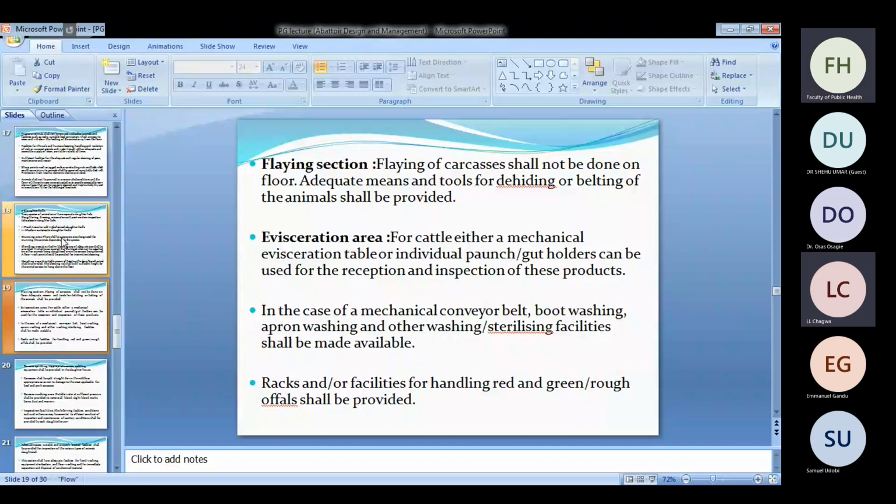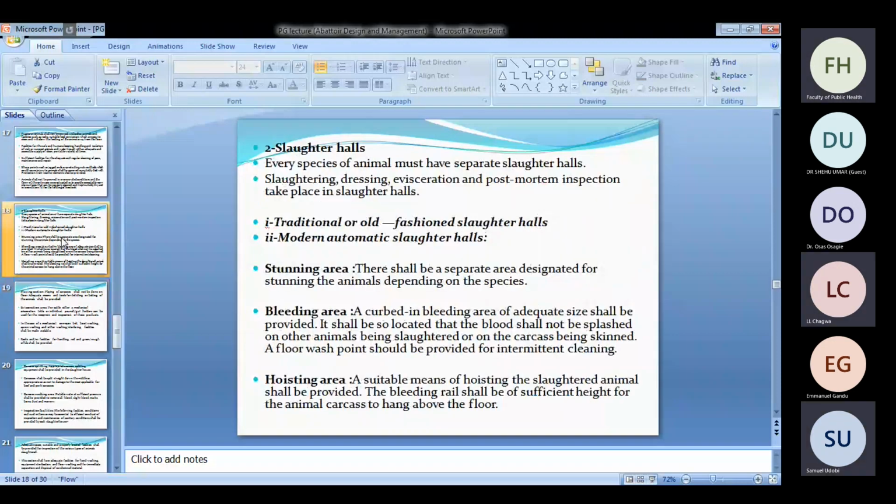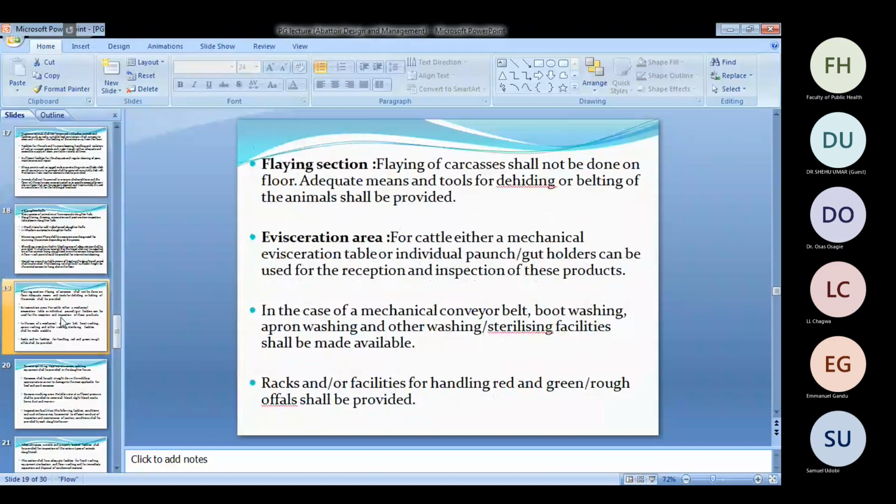Can you see which slide you are seeing now? What about now? We are now on the flaying section.